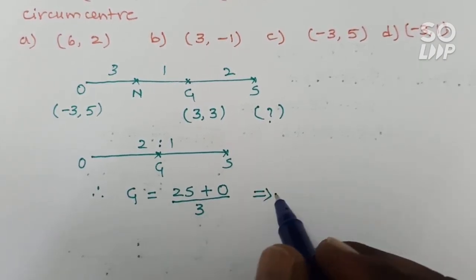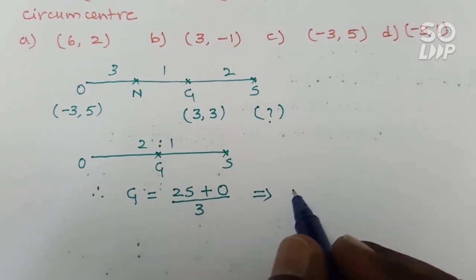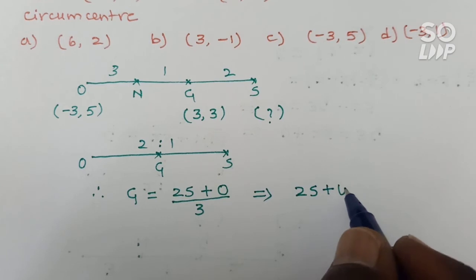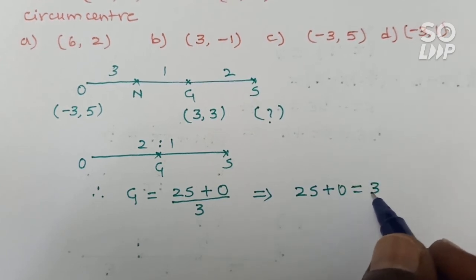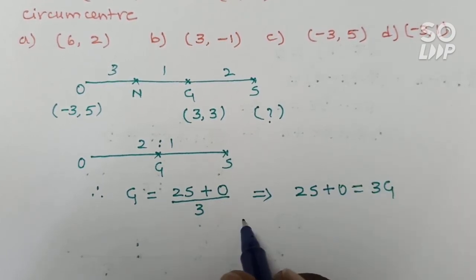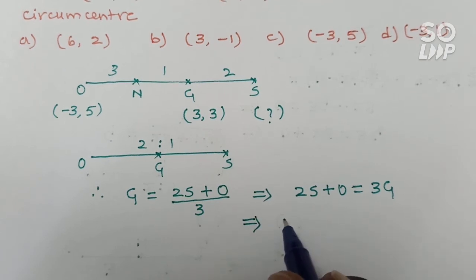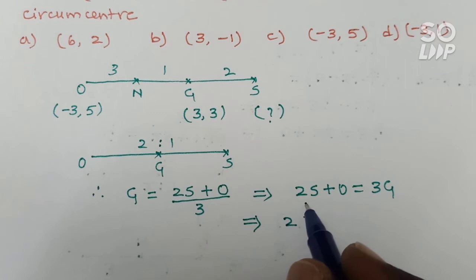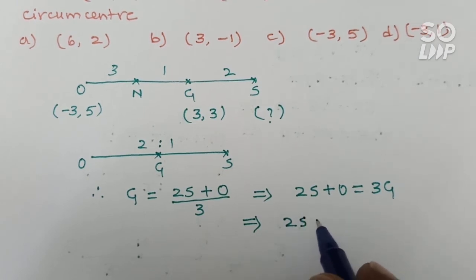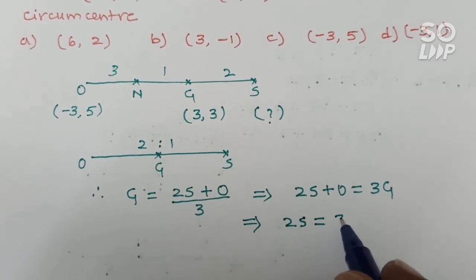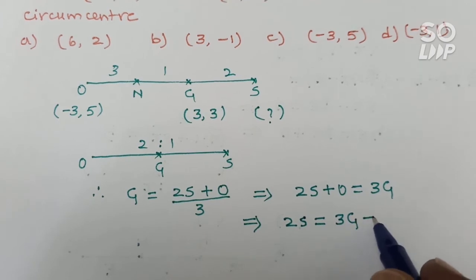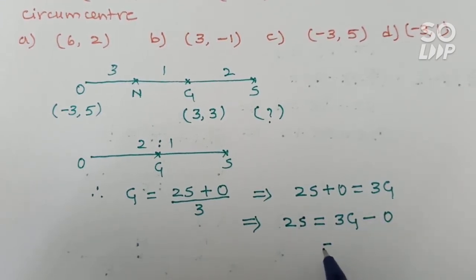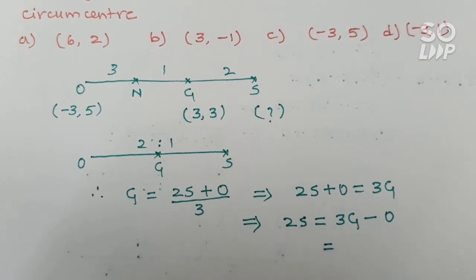Cross multiply first: 2 into S plus O is equal to 3 into G. We should find the circumcenter, so take 2S to one side: 2S is equal to 3 into G minus O.